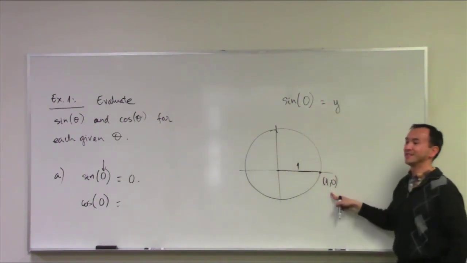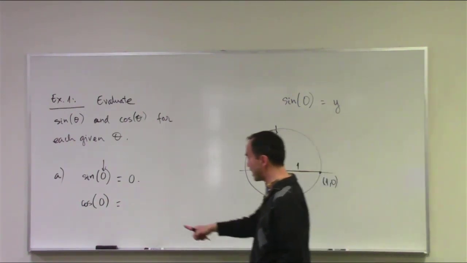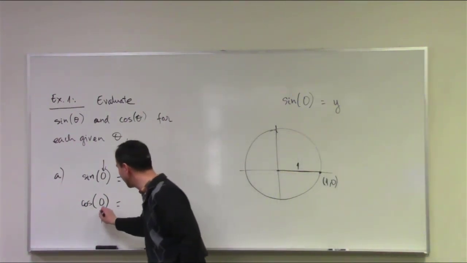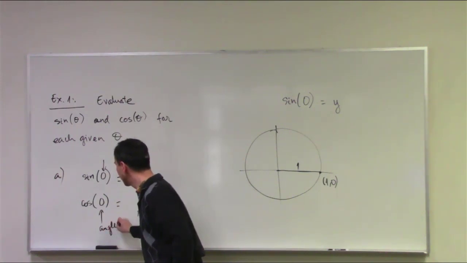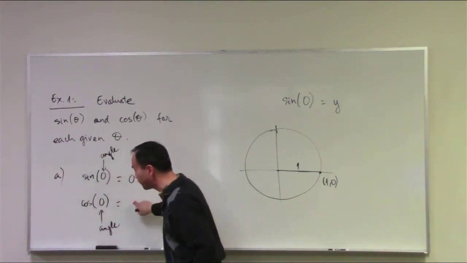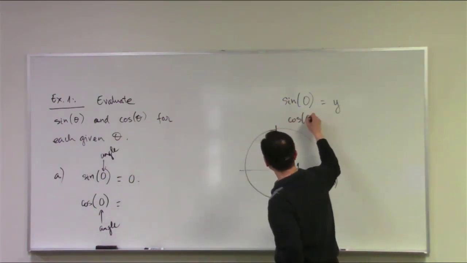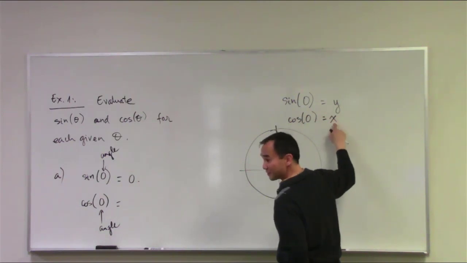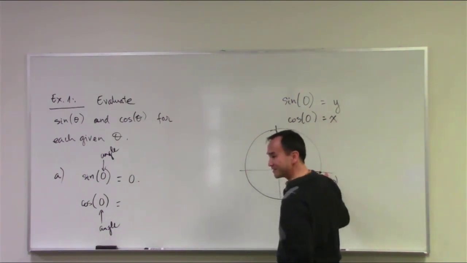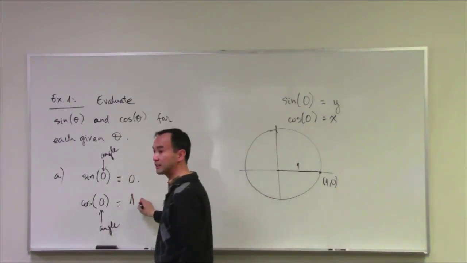So what's the cosine value for this angle? We're not looking for the angle, we're looking for what? The x value. There you go. See how it comes so natural for you guys now?